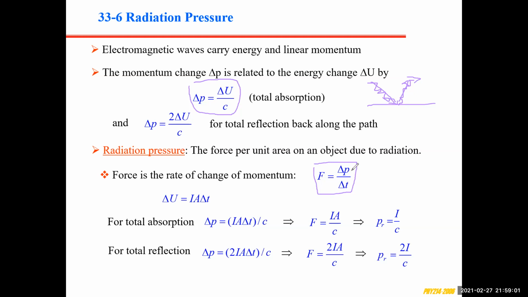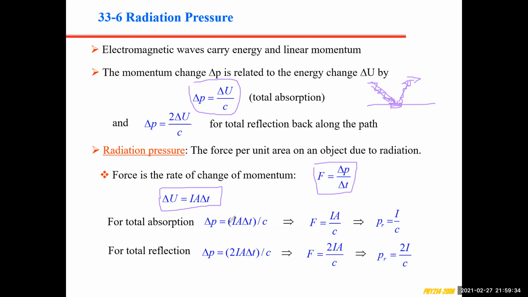Okay, so the time rate of change of linear momentum gives rise to the force. So force and linear momentum are related by this. When it hits the ground, there's an energy change. How do we find the energy? The energy, of course, if we know the intensity, the area, and the time, then you can calculate the delta U, which is the intensity times the cross sectional area times the time, just by definition.